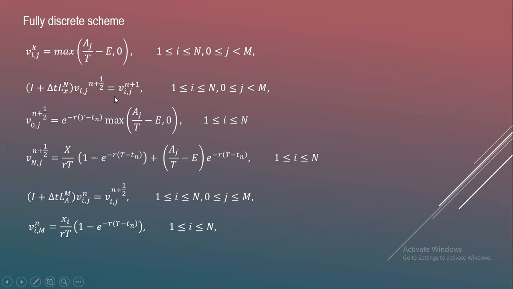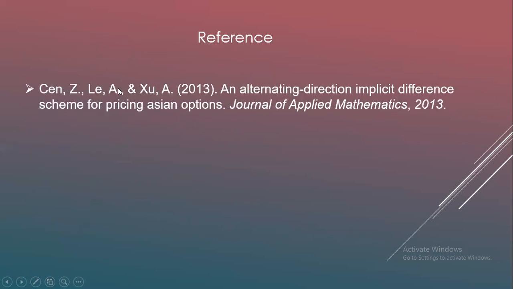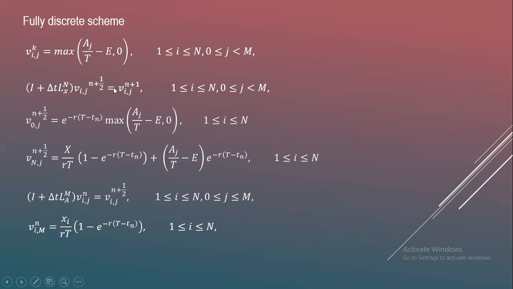So that is one formula, and that's another formula. That's the formula in the x direction, and that's the formula in the a direction. And using those boundary conditions, we find the different option prices, and we also calculate the error or ratio.